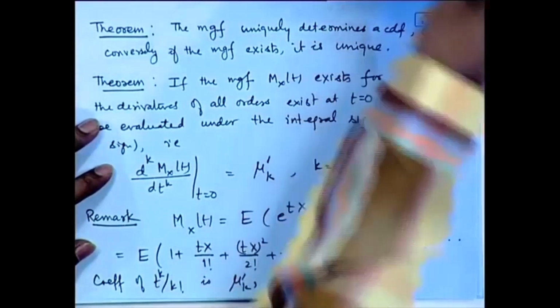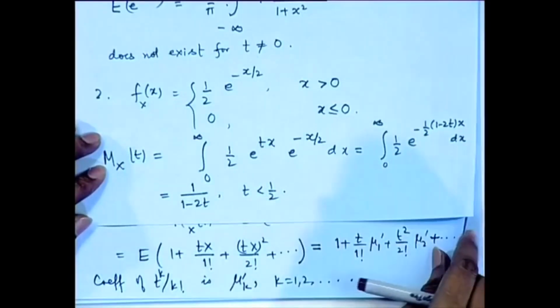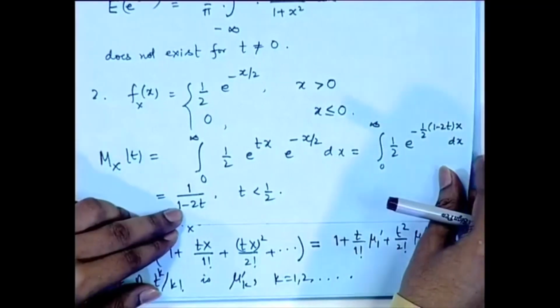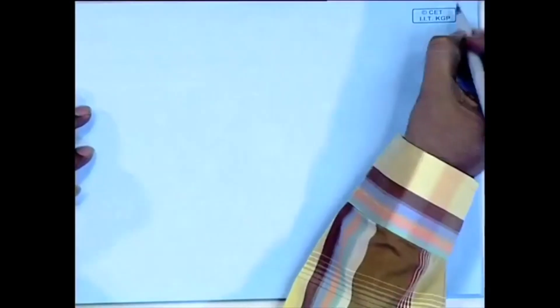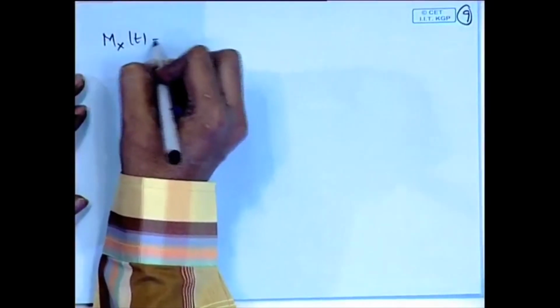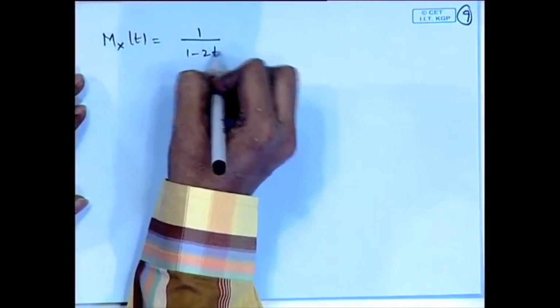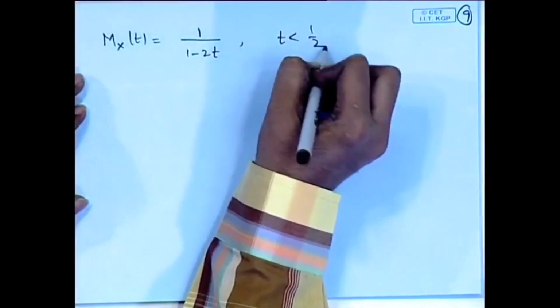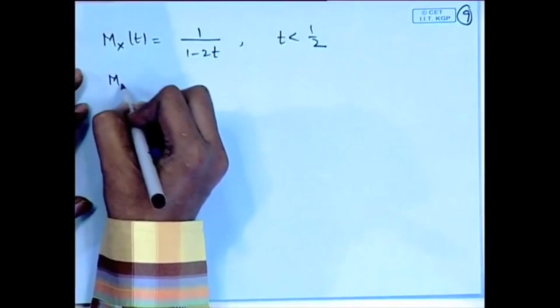Let us consider this example where M_X(t) is equal to 1 divided by 1 minus 2t, for t less than half. Let us consider the derivative of this.